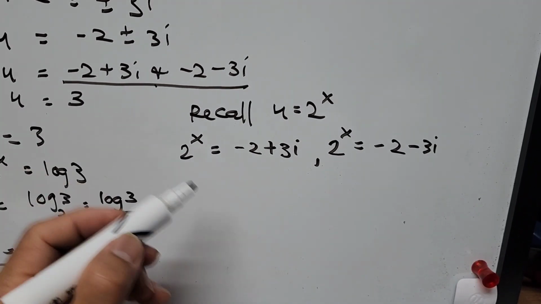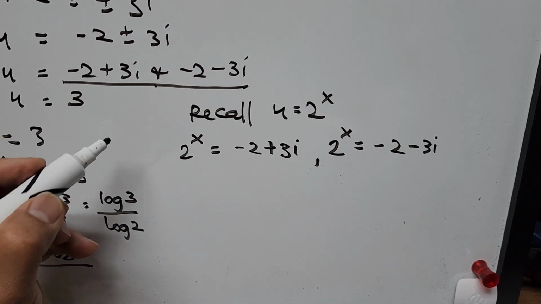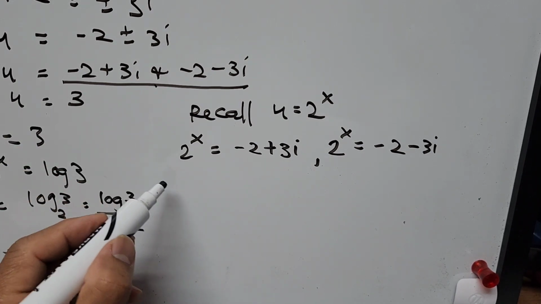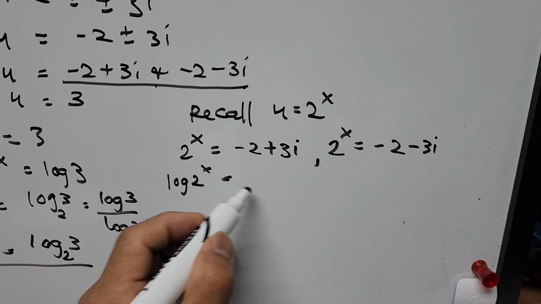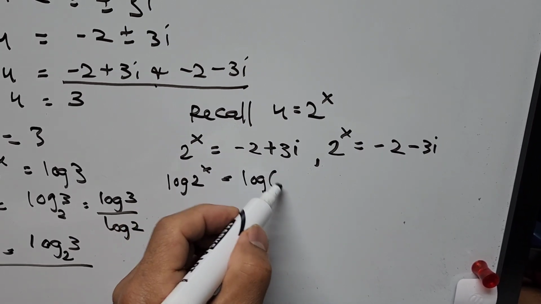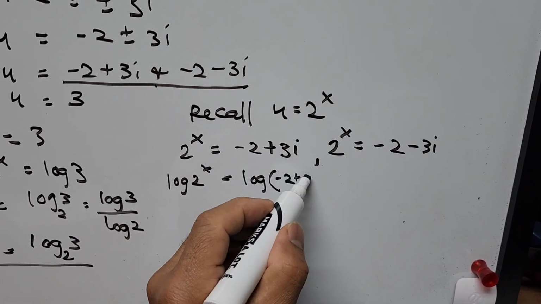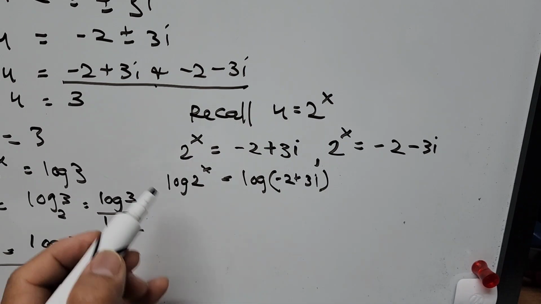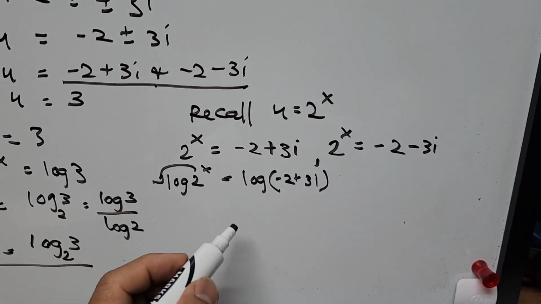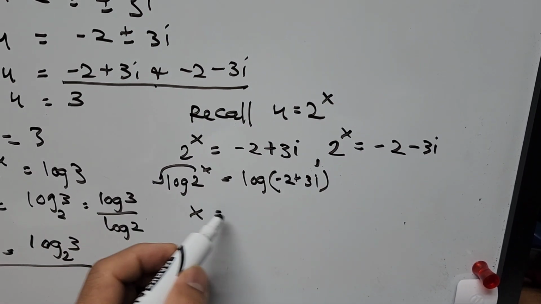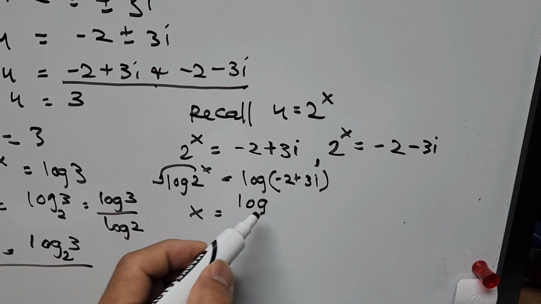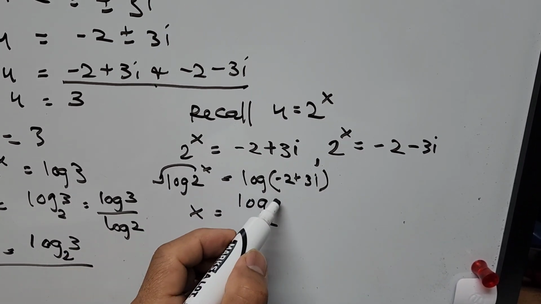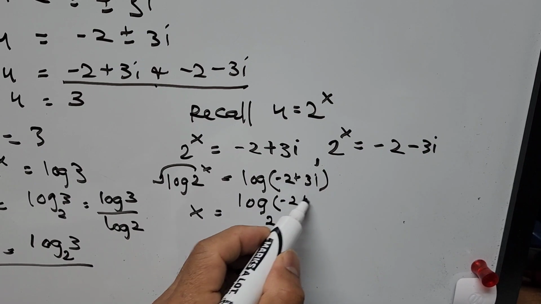Here take the logarithm of both sides again. So we have log of 2 to the power of x equal to log of negative 2 plus 3i. So x is equal to log base 2 of negative 2 plus 3 times i.